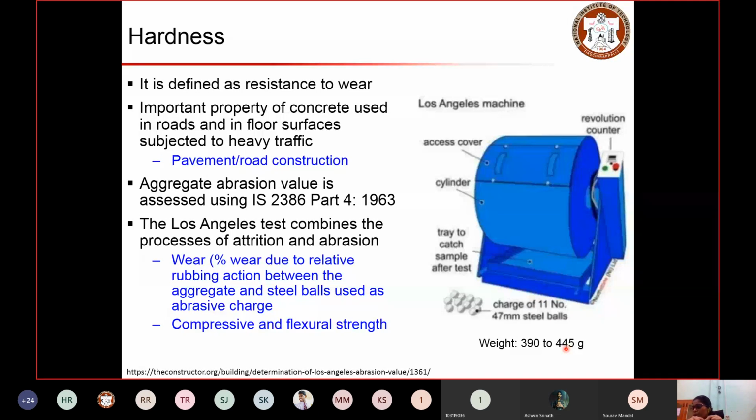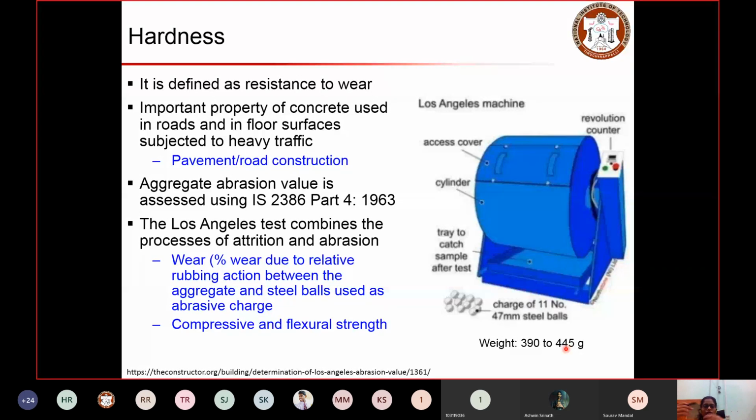The same procedure that we studied in crushing and toughness is applicable here. We take a certain size of aggregates, for example in the range between 14 to 20 mm, which is typically used.